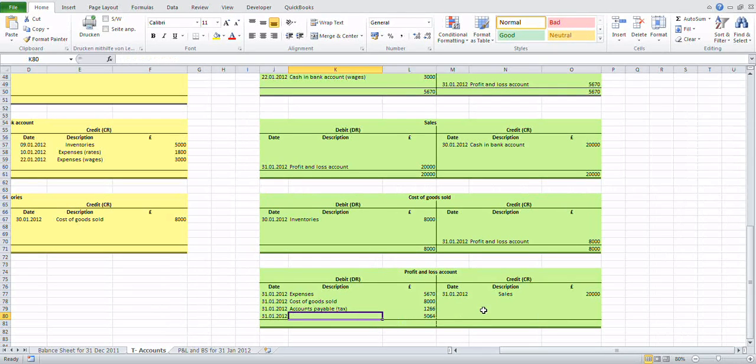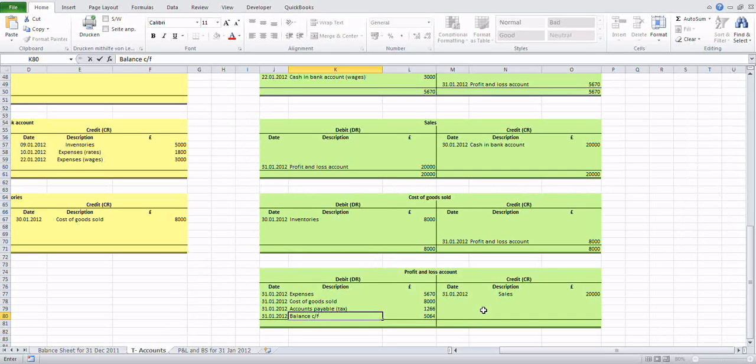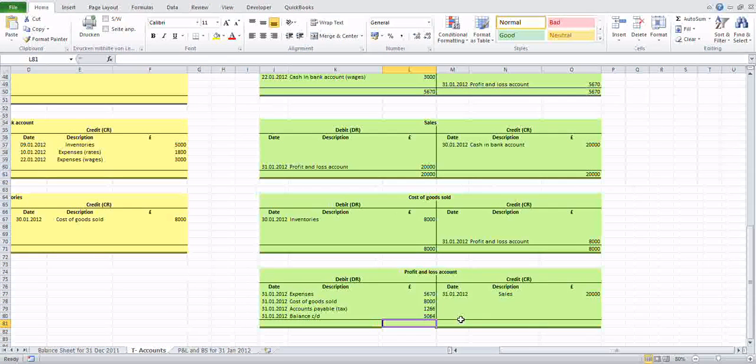Now where does this actually go? Well, this goes against the balance sheet. There you go. Let's close this account down. Let's balance the account.